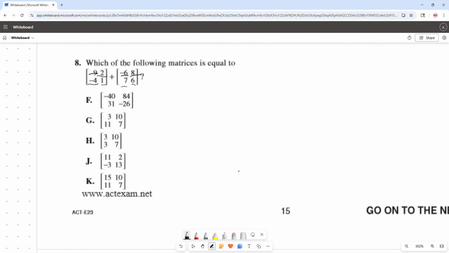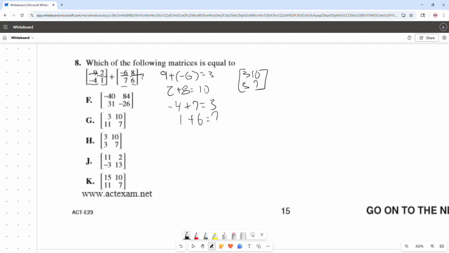So 9 plus negative 6 equals 3. 2 plus 8 equals 10. Negative 4 plus 7 equals 3. 1 plus 6 equals 7.